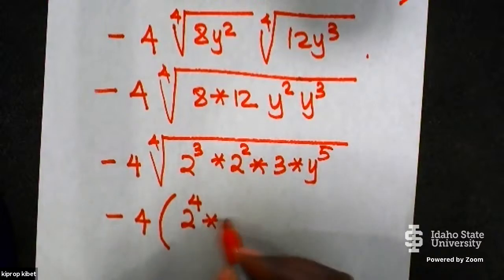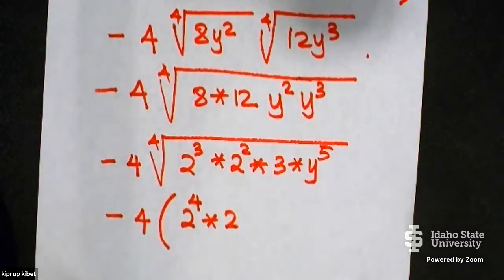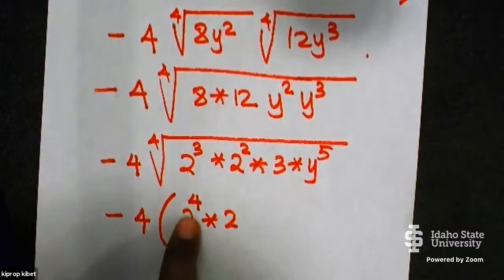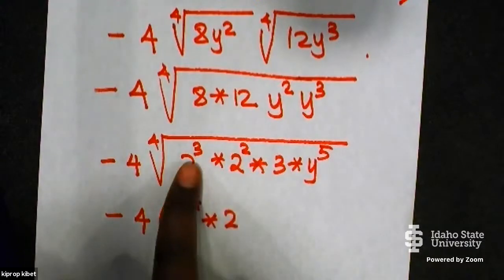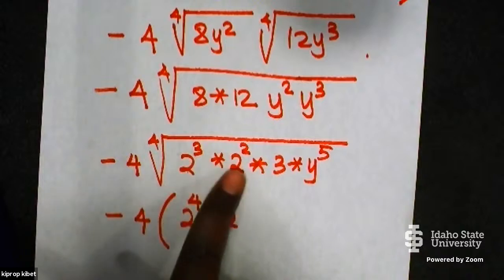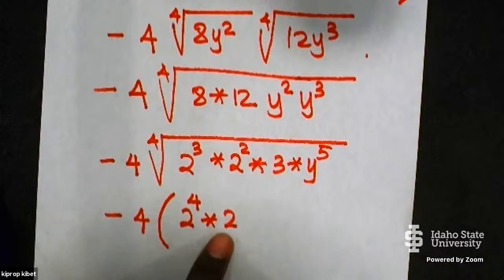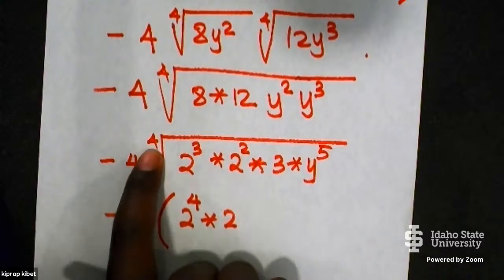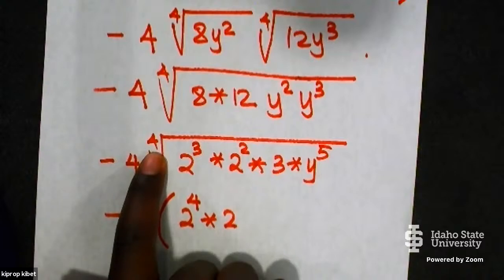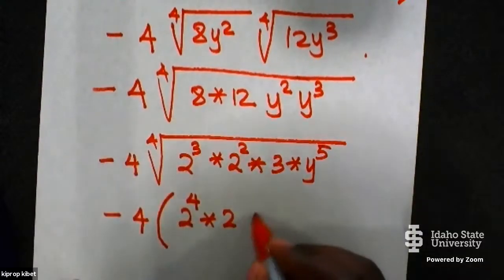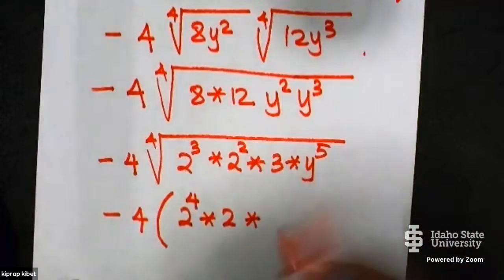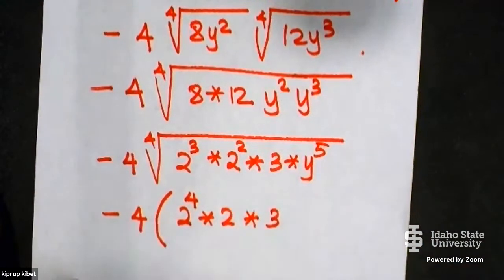So times 2. Okay? So 2 raised to 4 times 2 raised to 1 is the same as 2 raised to 3 times 2 raised to 2. So that we want to try simplify by cancelling by 1 over 4. Okay? Then multiply by 3, we don't have another 3, so we have 3 there.